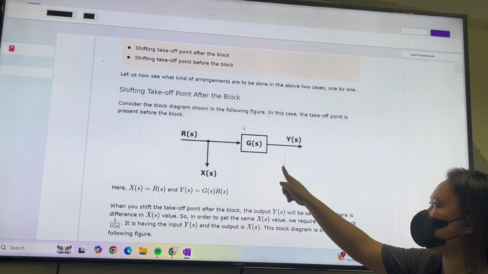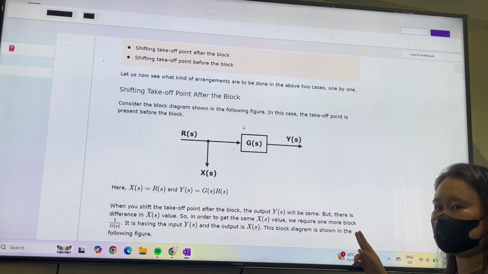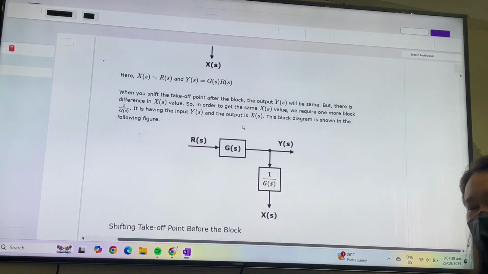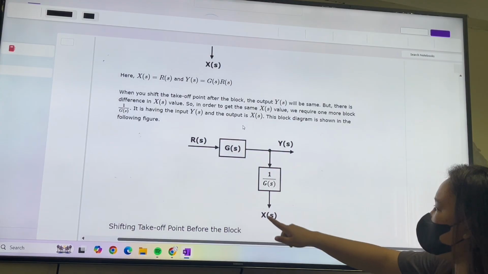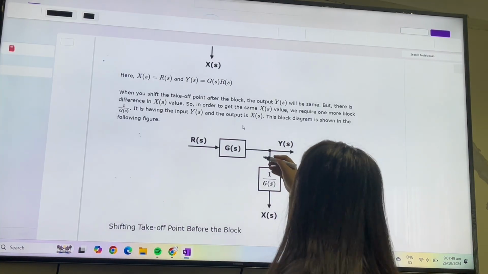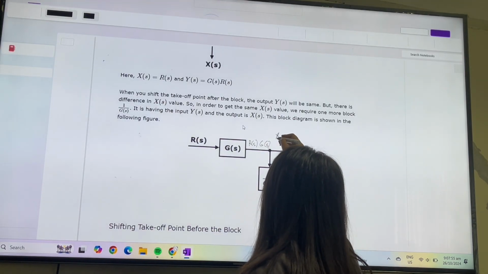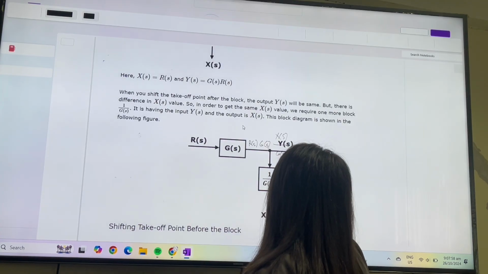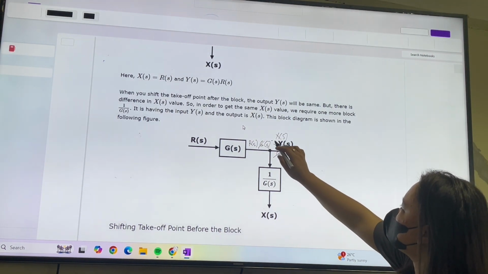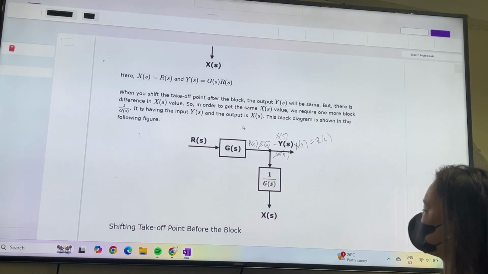What arrives here is XS equal to RSGS. It is no longer RS; it should be just RS. So what you do is put 1 over G of S, so that when you multiply, it is the same: XS all over 1 over G of S. Sorry, the output here is R of S, G of S. Multiply it by X of S all over G of S, and it cancels. Okay? Now, what happens is XS is just equal to our R of S.